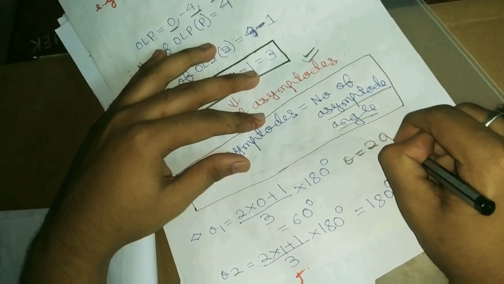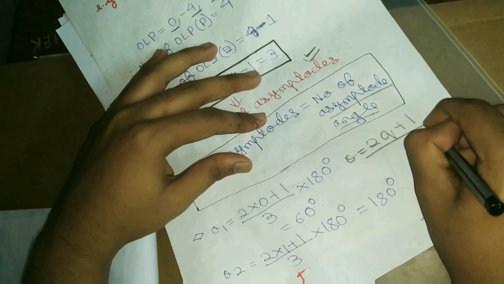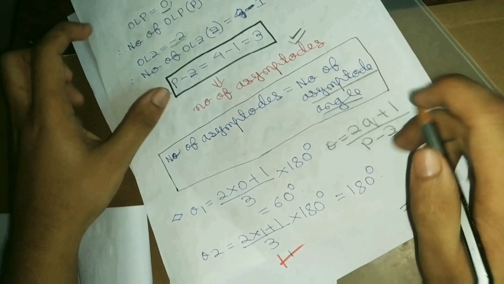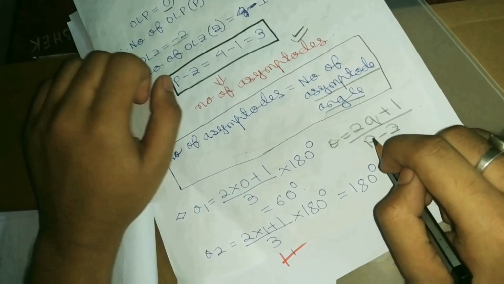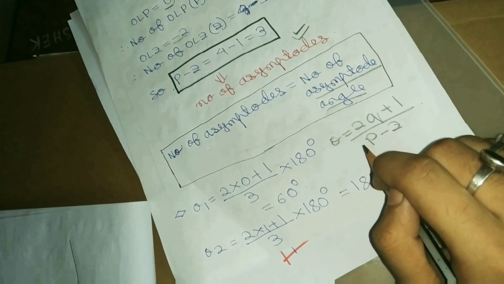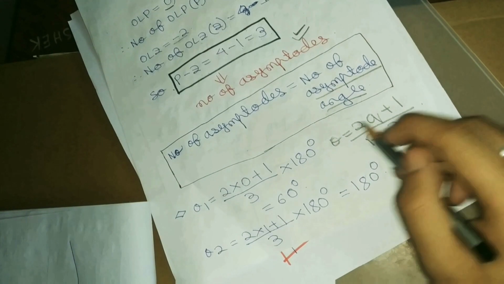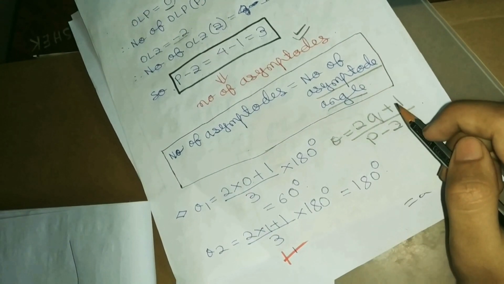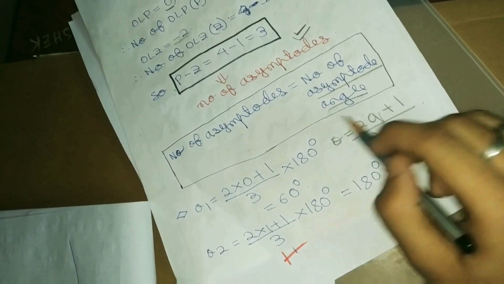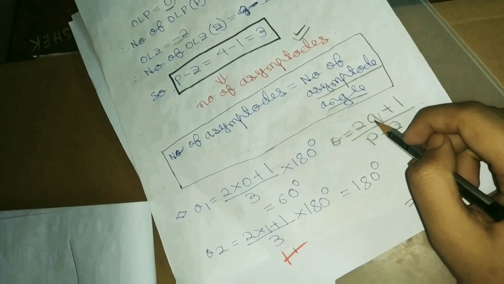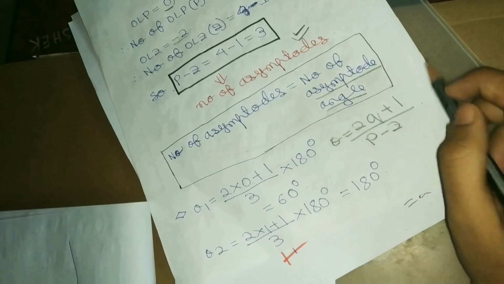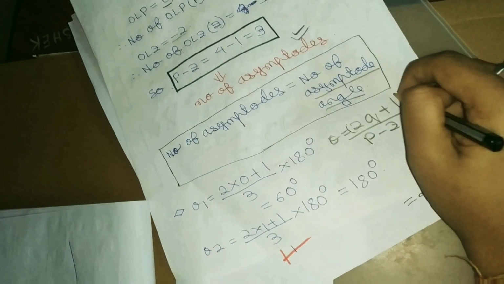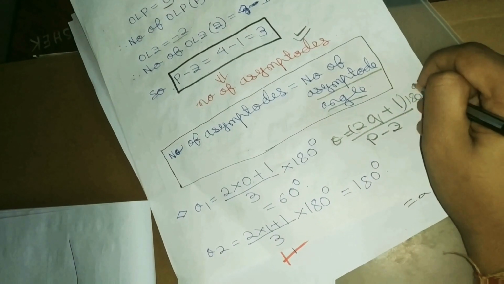What is the formula? Theta is equal to (2q plus 1) divided by P minus Z, into 180 degrees, and q starts from 0 up to P minus Z minus 1. So first we put q as 0, we will start from 0. So 2 into 0 plus 1, and P minus Z is 3, into 180 degrees.